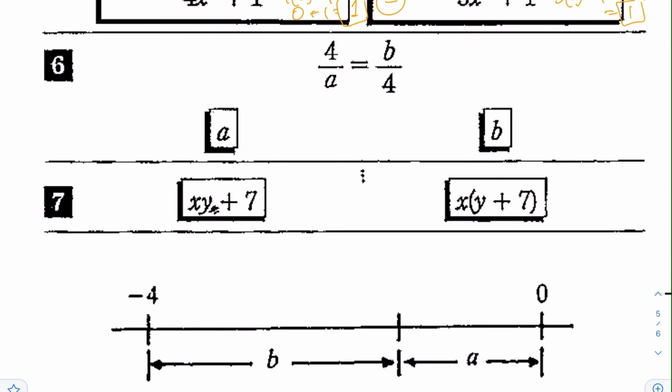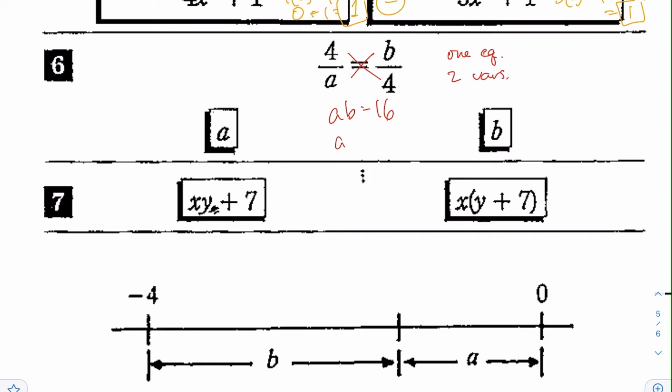Next for number 6, you have 4 divided by A is equal to B divided by 4. So in this case, you'll have to cross multiply to solve. So you get that AB is equal to 16. And then after that, you don't know what A and B could be because you have one equation, but you have 2 variables. So you can't solve for A or B individually.